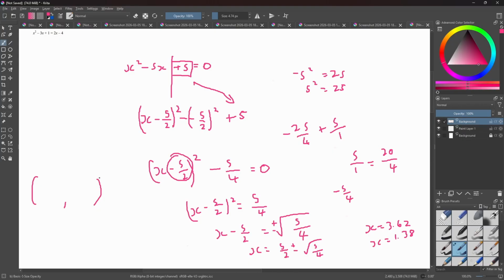So it's minus 5 over 2, so that's going to be positive 5 over 2 for our x coordinate. And this one, we just take it as is, we don't change the sign. So it's minus 5 over 4. So we do inside, change the sign, outside, don't change the sign, and that is our turning point for our graph.